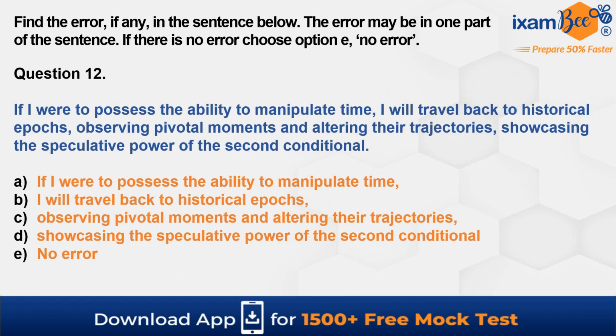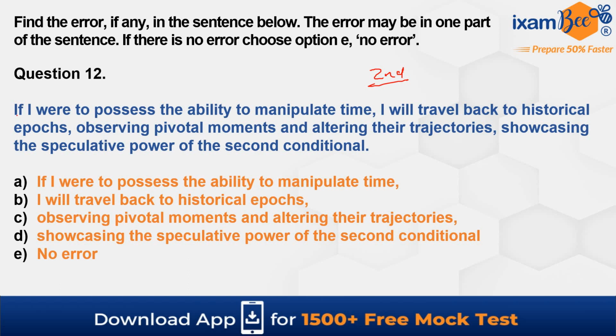Okay, next question. Now, this question, we'll read it. This question is based on your second conditional sentence. What happens in second conditional sentence? In second conditional sentence, we talk about unrealistic situations which are not possible to happen, such conditions, such consequences which cannot actually occur, right? So we talk about past or future, right?